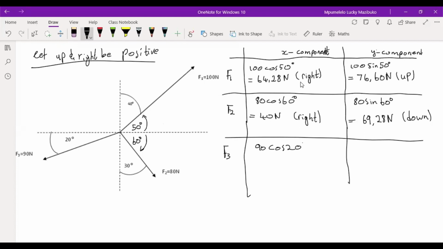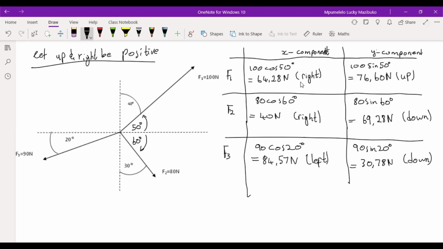It is already to the horizontal, so I'm not stressing. 90 cos 20, and you get 84.57 newtons to the left, and 90 sine 20 degrees, and you get 30.78 newtons down.